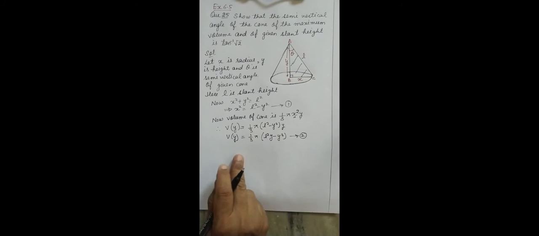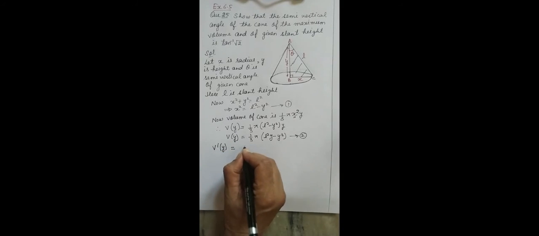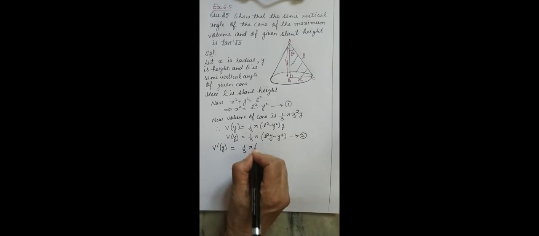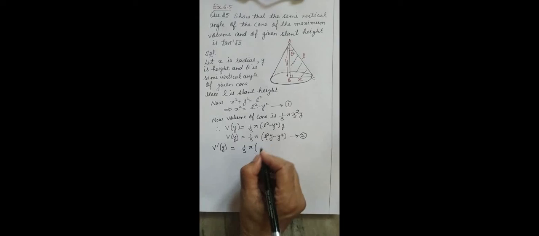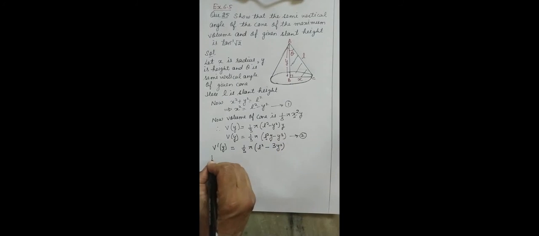Now for applying the second derivative test, I will simply differentiate equation number 2 with respect to y. So what is V dash y now? It will be 1 upon 3 pi, L square is constant, the derivative of y is 1, and the derivative of y cube will be 3y square.